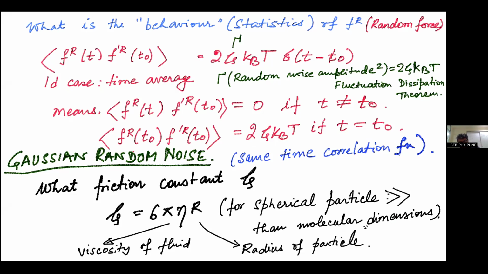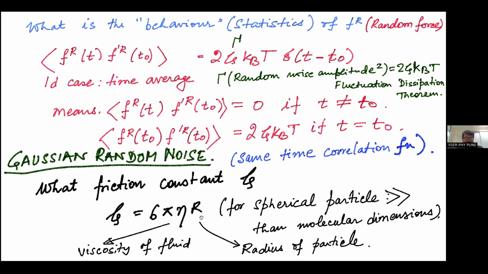I really don't want to dwell on it, but a micron-sized particle is considered massive with respect to the fluid particles. In that case, one can assume continuum fluid mechanics and stick boundary conditions, where the fluid velocity on the surface of the colloid is the same as the velocity of the colloidal surface.